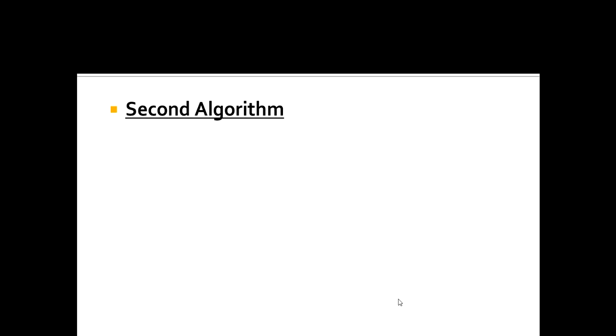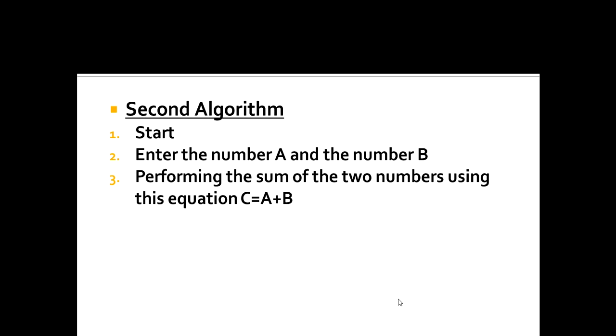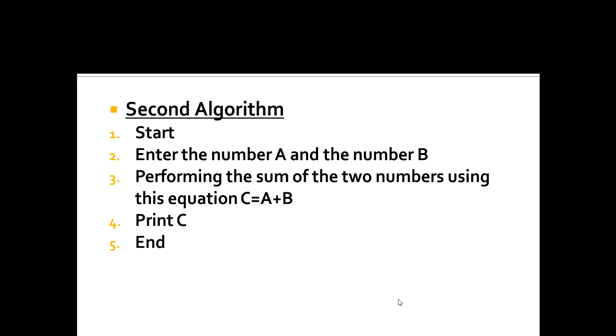The problem definition, the input, the solution, and the output. Then we already wrote the algorithm: 1 start, 2 enter the numbers, 3 performing the sum, 4 print, finally end. Third will be drawing the flowchart. Actually, what should we do? We need to take each step in the algorithm and see what will be the equivalent shape.